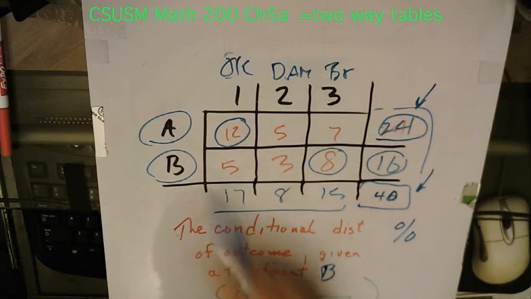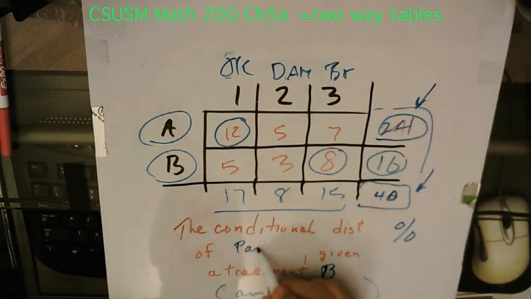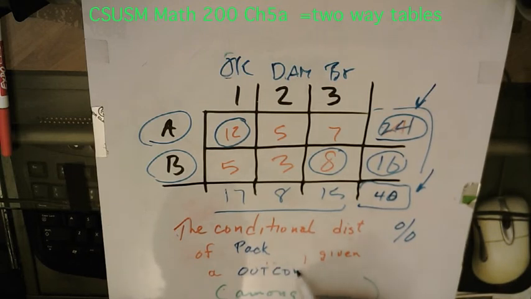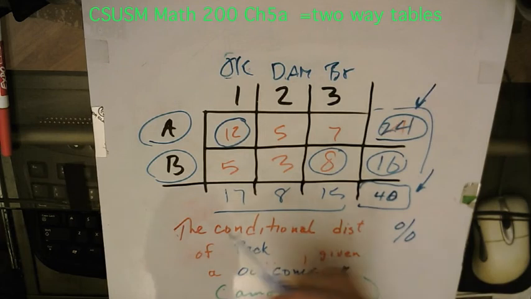So the given puts you in the column or the row. If I said find the distribution of packaging given that the outcome was okay, I take my outcome of okay, which is this row here, and I'm going to use this total.